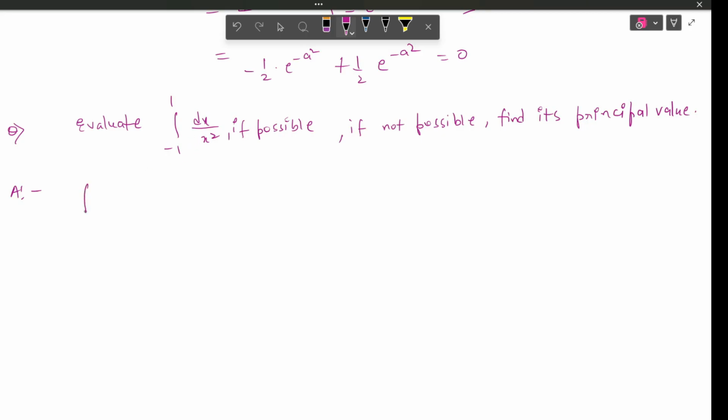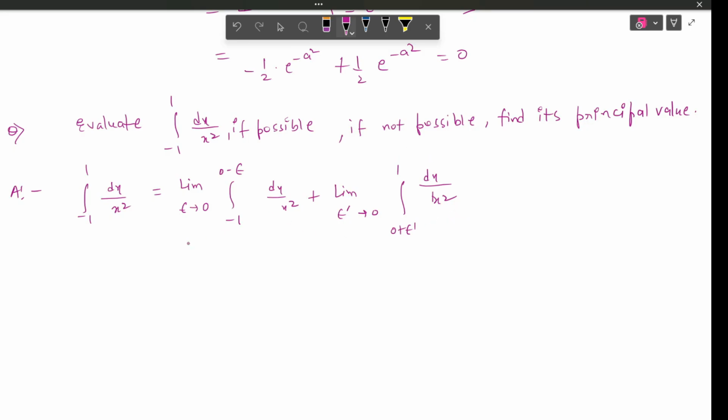So you can say that the integral from minus 1 to 1 dx by x square is the limit epsilon tends to 0, integration minus 1 to 0 minus epsilon dx by x square, plus the limit epsilon prime tends to 0, integration 0 plus epsilon prime to 1 dx by x square. This would be x square, not dx square.